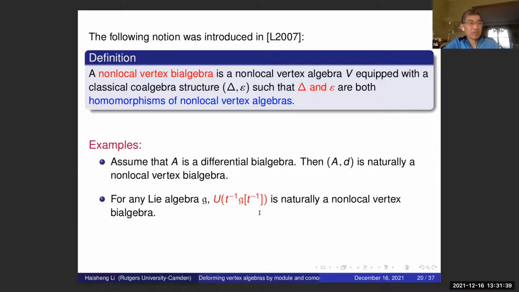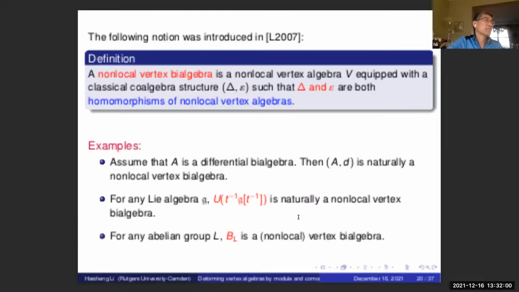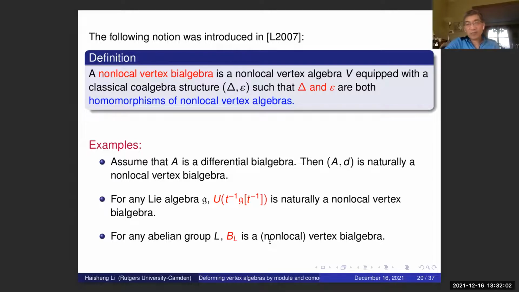And another one, of course, we mentioned the example from a Lie algebra, then we consider the negative part of the loop Lie algebra, then consider the universal enveloping algebra, and use Borcherds' construction again, but this time you get a nonlocal vertex algebra, a nonlocal vertex bialgebra. That is also simple. Another one is what we get as V_L from an abelian group L, the tensor part. Because this time it is commutative, this time it is a vertex bialgebra.